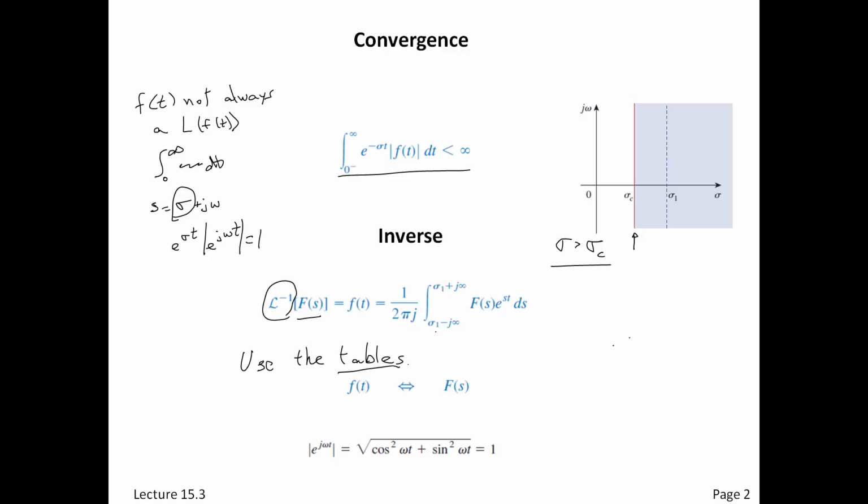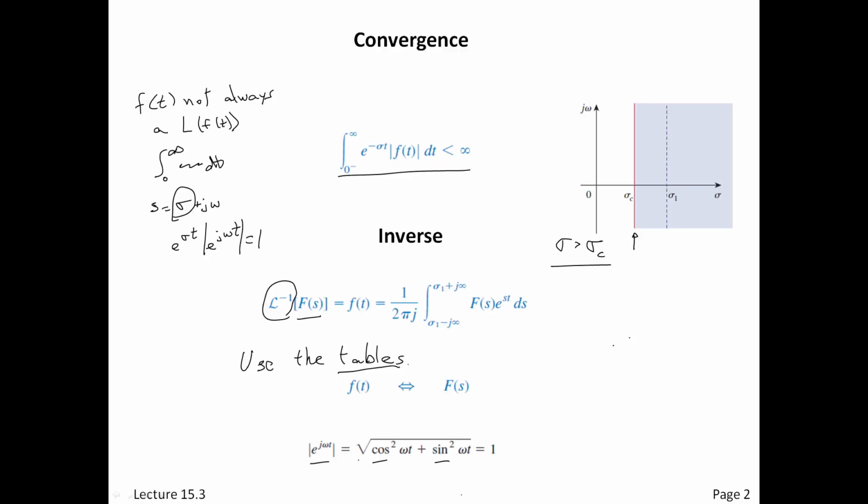I want to do a couple of problems, and I wanted to remind you of this identity. You may remember Euler's identity. It relates sines and cosines with the exponential.